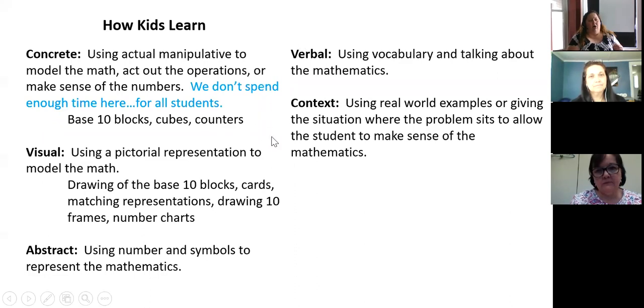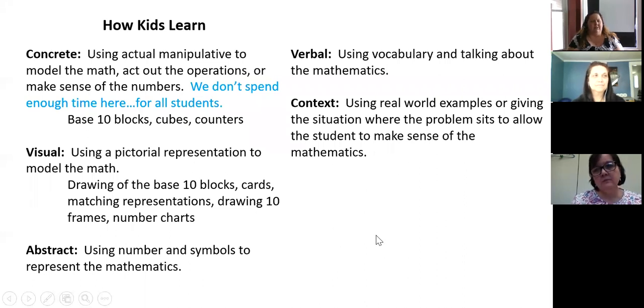And all the while, we're focusing on the verbal and the context of the situation to support each of these models. So it's really a very interwoven web where we're moving amongst all of these different representations of numbers and mathematics. But it's important to know that students really do need a lot more time than we give them in that concrete and the visual and moving into the abstract.